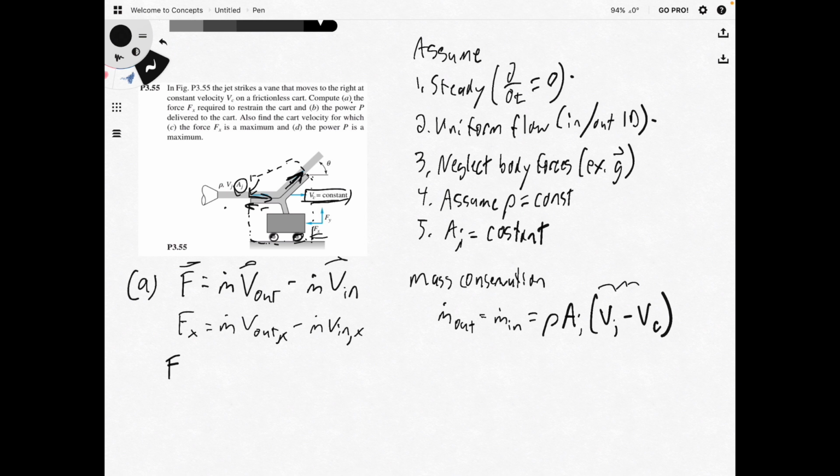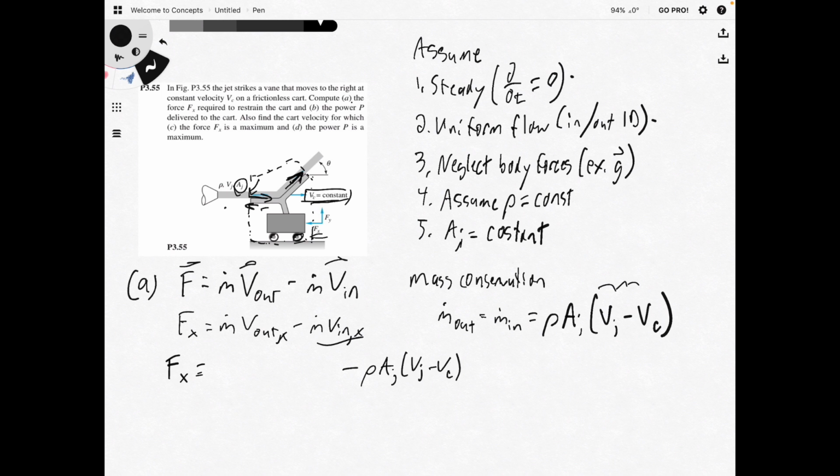So we're going to have Fx is equal to, let's start with the V in term. Fx is equal to, we'll deal with the m dot V out x in a second, minus m dot, which is just rho Aj times Vj minus Vc.